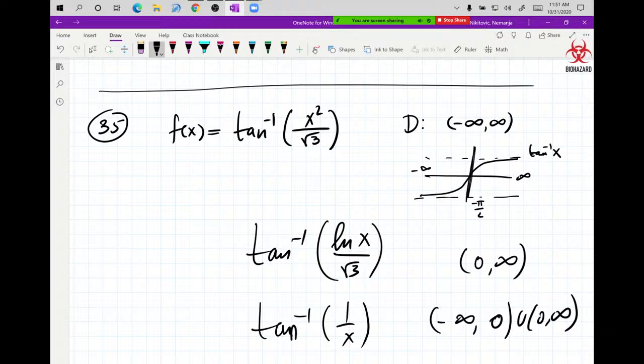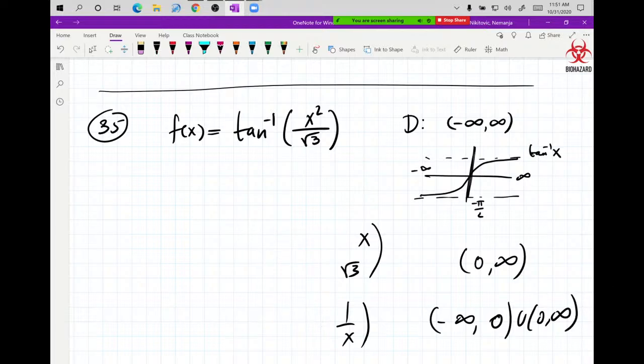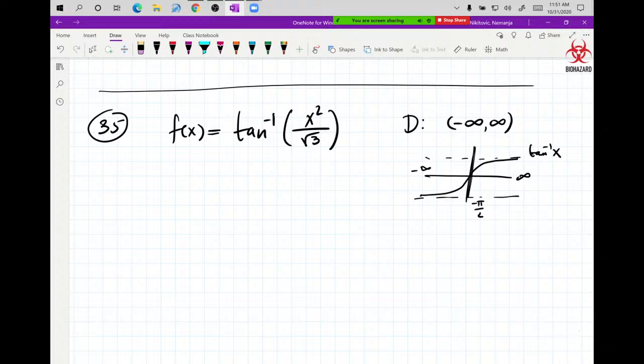So we have the domain. I'm going to get rid of all of this stuff. You can go back in the video and play it a few times to do the what-if analysis. I have my domain and I need my x-intercept now. And that's inverse tangent of this mess equal to 0.